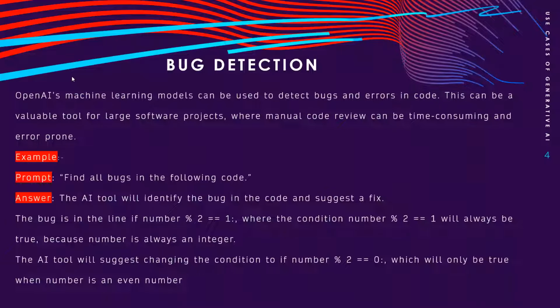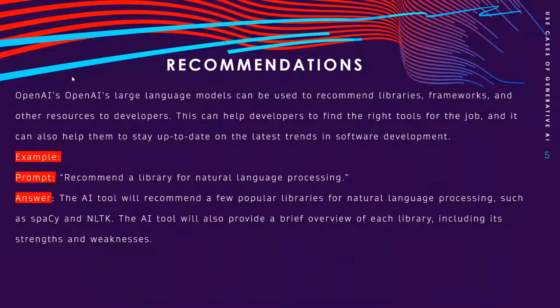Let's move to the third use case, that is recommendations. Suppose I need some recommendations for a library for natural language processing. I only need to prompt this to OpenAI: recommend a library for natural language processing.